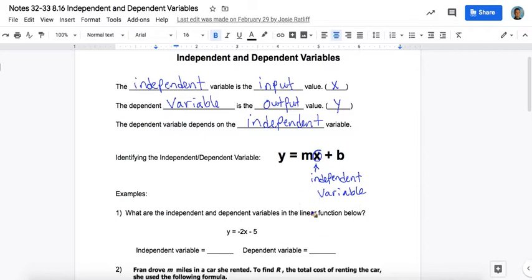So this is our input, so the number we're plugging in. And when we plug that in, we multiply the slope times the independent variable plus the y-intercept, and that gives us the output value, or the dependent variable.